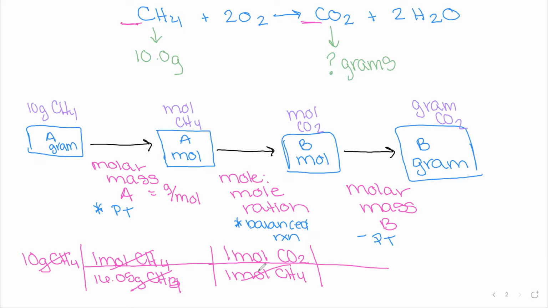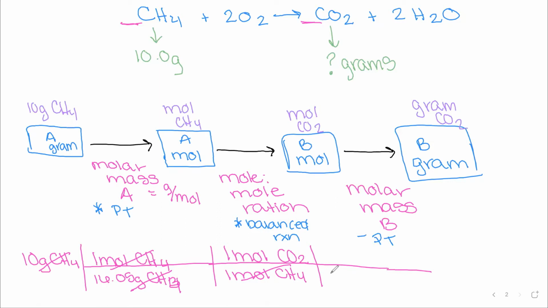And then last but not least, the last thing I need to do is convert my moles of carbon dioxide into mass. I need to convert that into grams. So I'm going to use my molar mass of carbon dioxide. So again, going back to my periodic table, we're going to do oxygen, 16 times 2 plus 12.01.